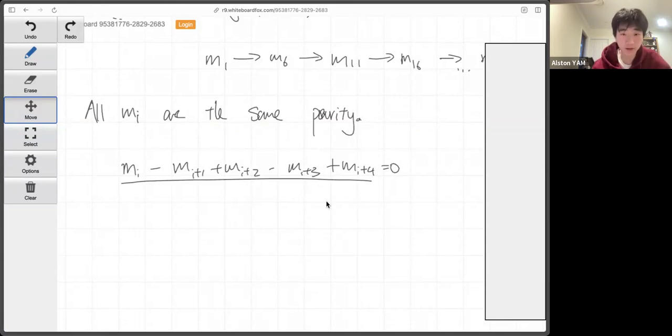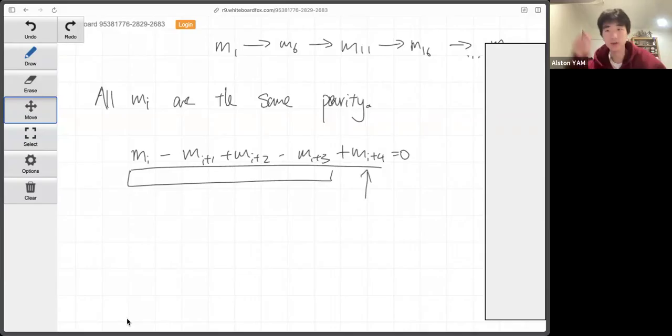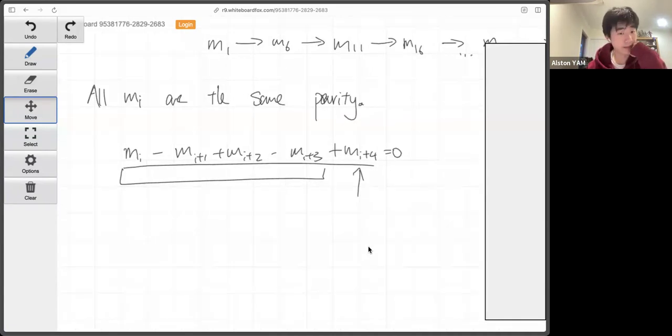So we can deduce that all of them must be even. Why is that? If all of them were odd, we have Mi minus Mi plus 1, that's an even number, plus an odd minus an odd, that's another even number. So the first four evaluate to an even number, this one's odd, and then we have odd equals 0. That's obviously just not true. So that just means all of our Mi must be even.